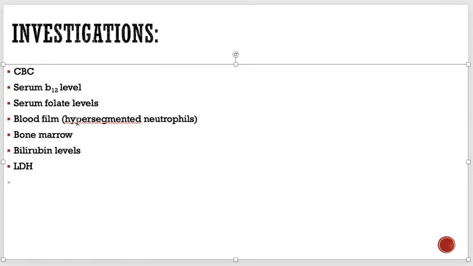Now the most interesting test in this one is called the Schilling test. Guys, this one is not done these days. The importance of this test is simply to distinguish or differentiate pernicious anemia from the other causes.